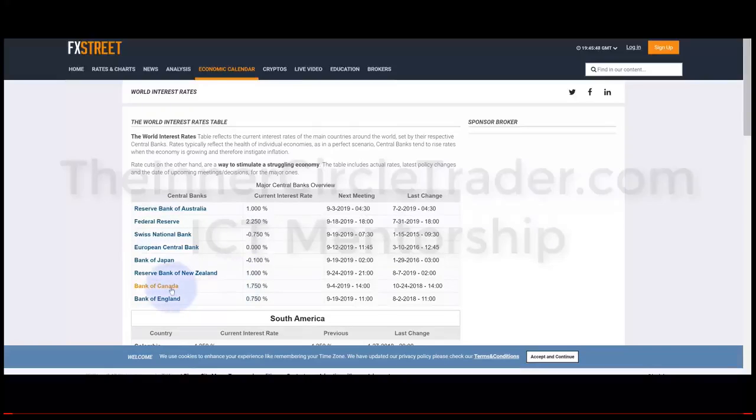They're going to sell Canadian dollar and buy dollars because the differential is 50% better by buying dollars versus the Canadian dollar. So from a fundamental standpoint, if we take that information and transfer it into a currency pair, it's dollar CAD.